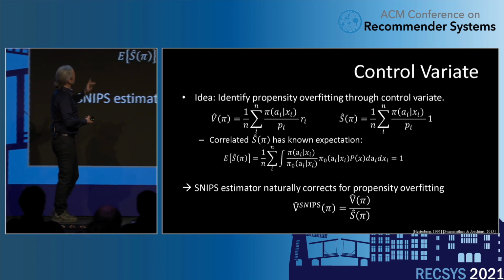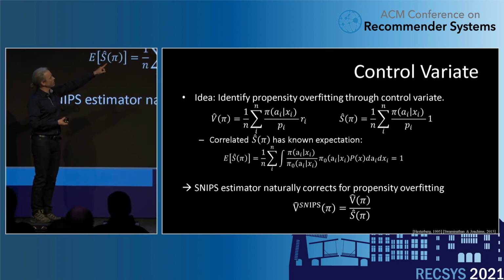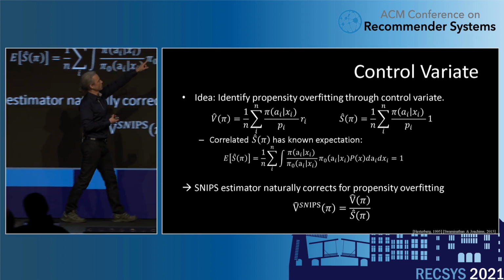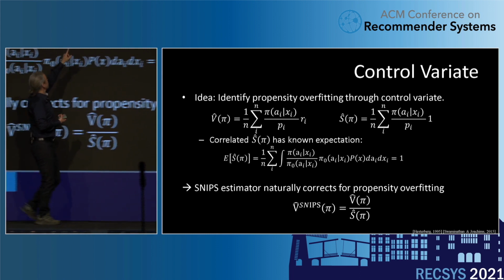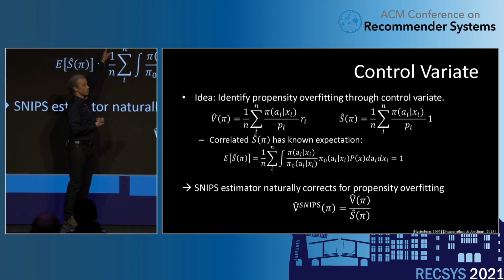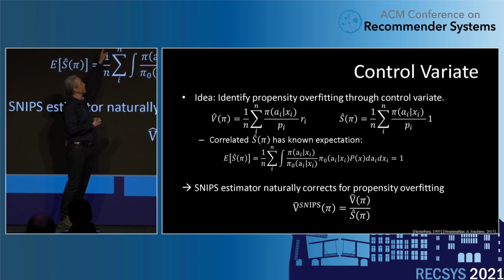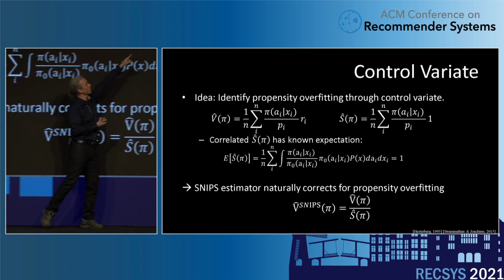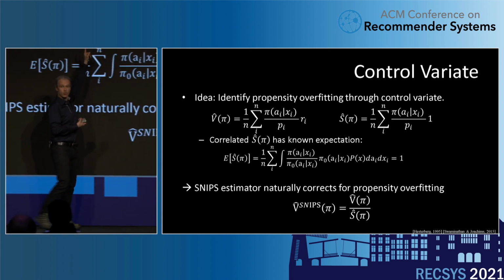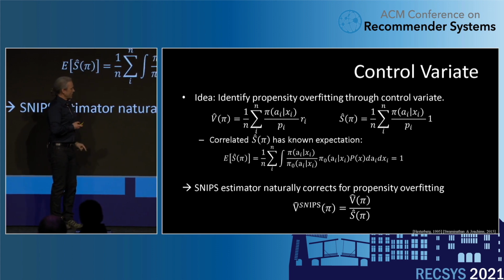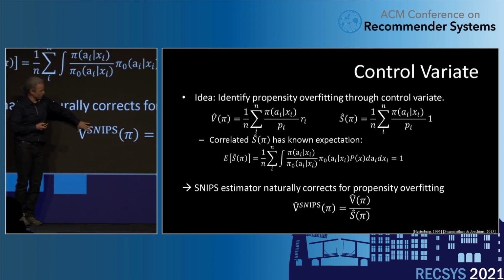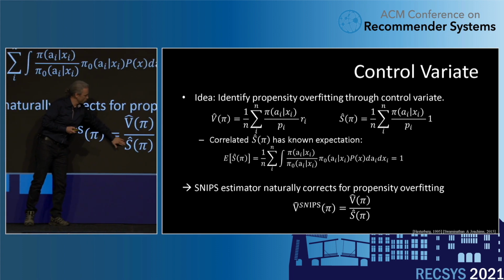And now look at it. If this here is a value that's much larger than 1, that probably also means that this is larger than 1, because they basically share lots of the formula. They're highly correlated. And if this is less than 1, then this is probably also going to be too low. And the nice thing about the SNIPS estimator is it takes the ratio of these two things.